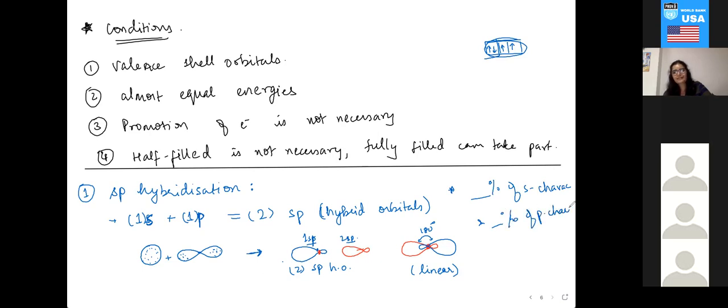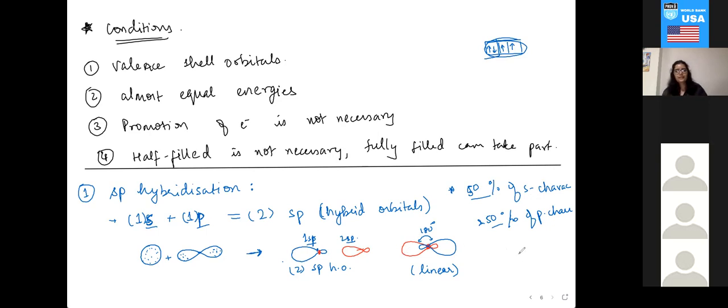So it has 50% S character and 50% P character, equal parts of S and P. And the geometry is linear. I've shown you the shape also, how it is formed. They're all aligned on the same axis.